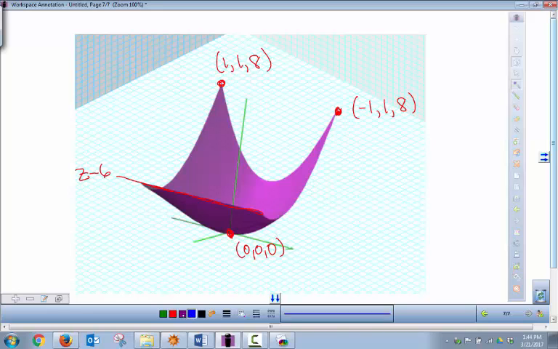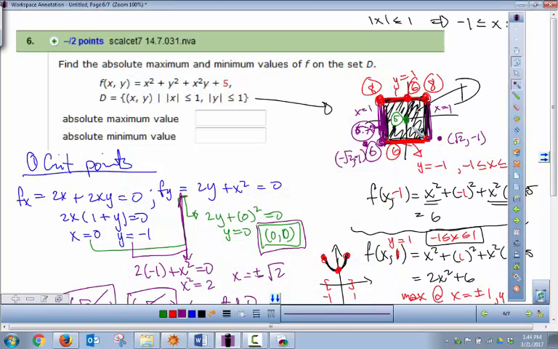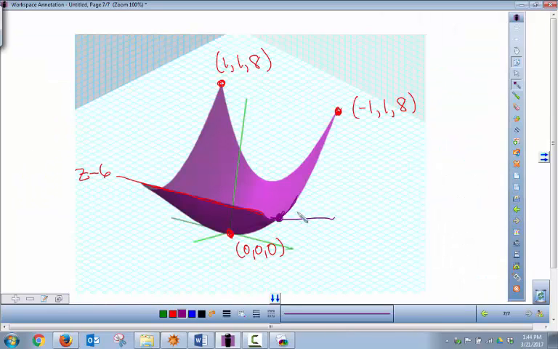We found a couple of other interesting points. We found a little local minimum over here, with respect to one of our graphs. And this was -1, -1/2, 5.75.